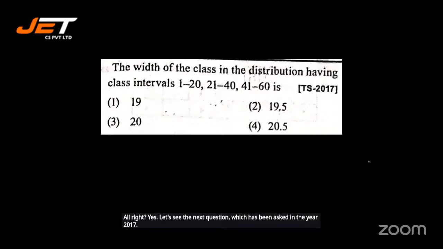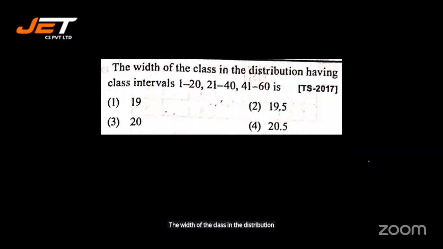The width of the class in the distribution having class intervals 1 to 20, 21 to 40, 41 to 60 is dash.